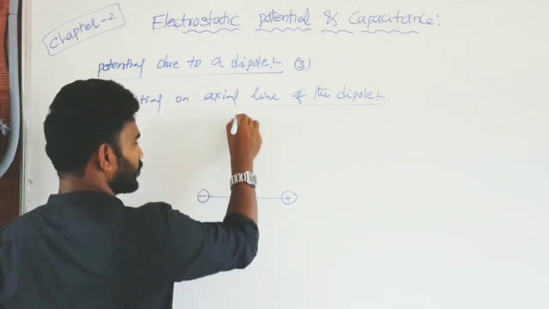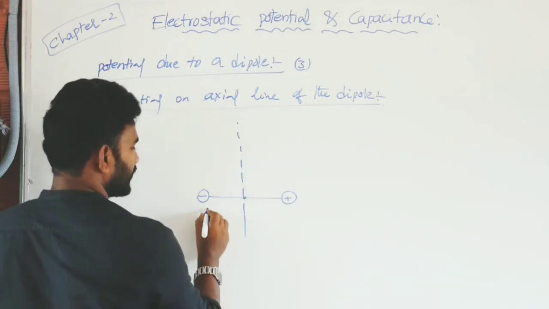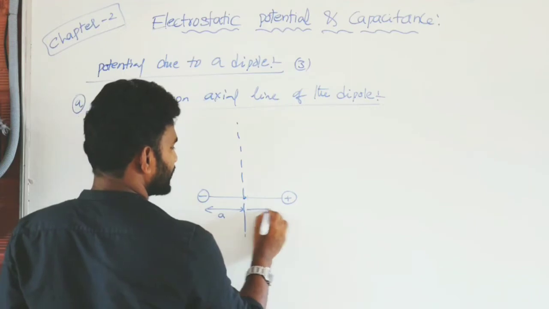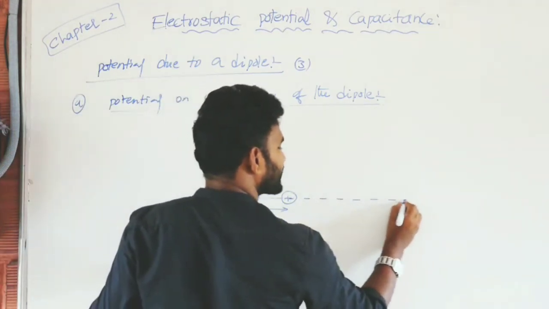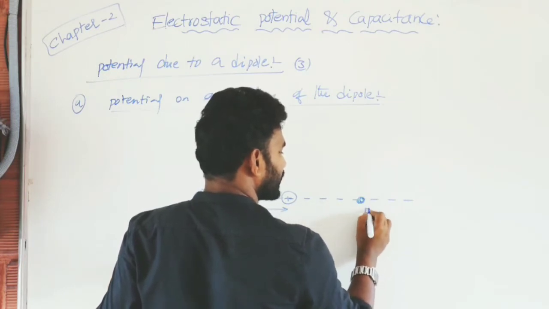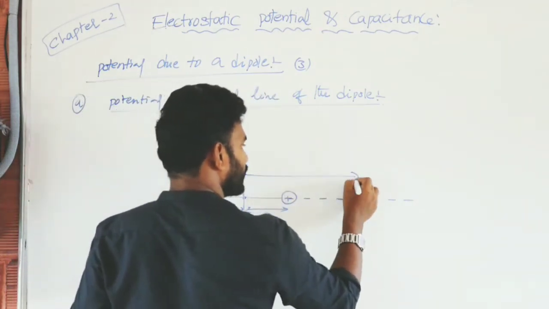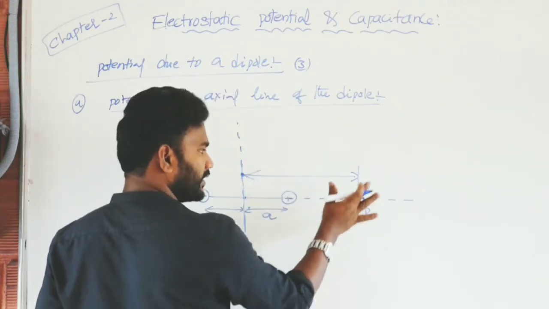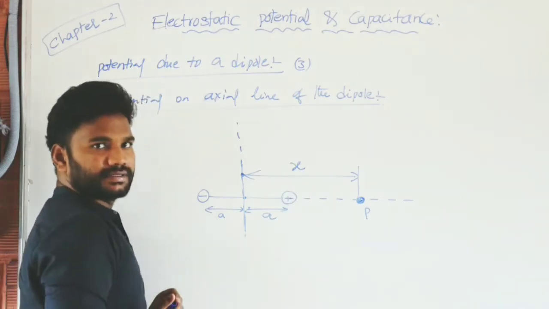This is the center, and this is the equatorial line. The distance from here to here is a, and from here to here is a. Let me draw an axial line and take a point P here. We always need to find the distance between the midpoint and the point P only. Let me consider it is x.